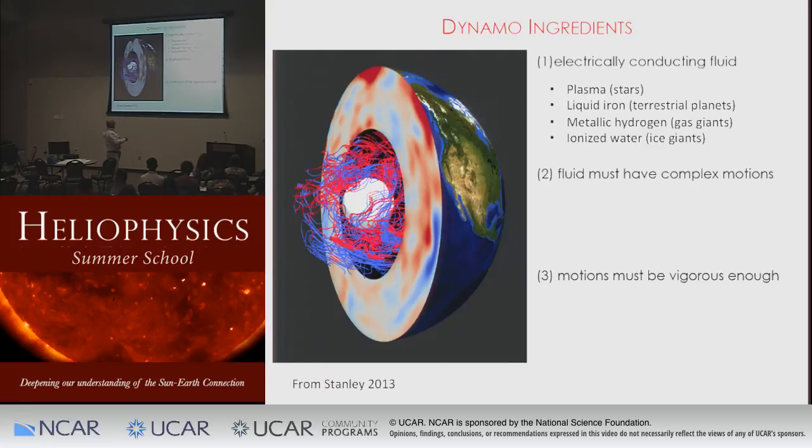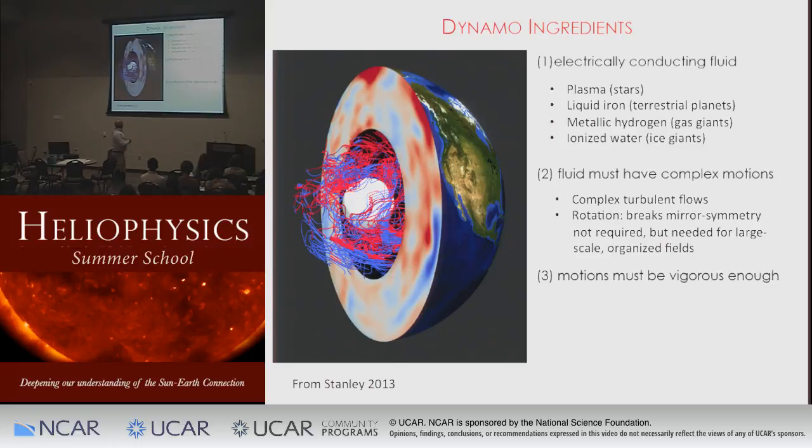Vigorous enough is defined in terms of how good your conducting material is. For big gas giants like Jupiter and Saturn, they actually have metallic hydrogen on the interior. That's a very good conductor. And finally, some of the outer planets like Neptune and Uranus have more liquid water with ionized dissolved ions in it that will help them conduct.